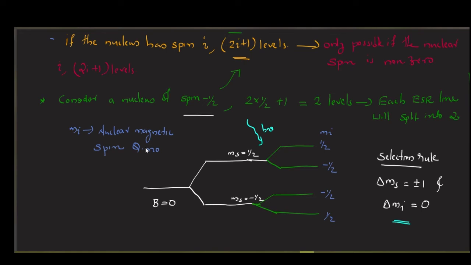So, the transition will be like this, 1 by 2 to 1 by 2. If you consider a transition from mi 1 by 2 to mi 1 by 2, delta mi equal to 0, and in each level ms is half.